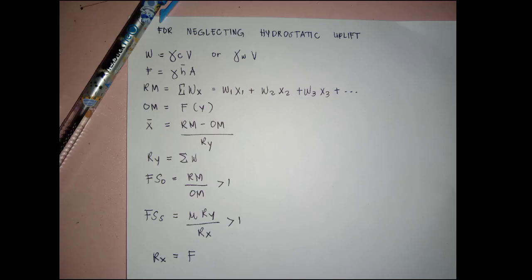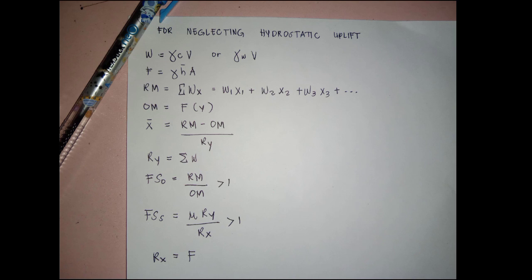So before we go to the problem, let me first introduce you to its formulas. For neglecting hydrostatic uplift, the weight formula is unit weight of concrete times volume, or unit weight of water times volume.